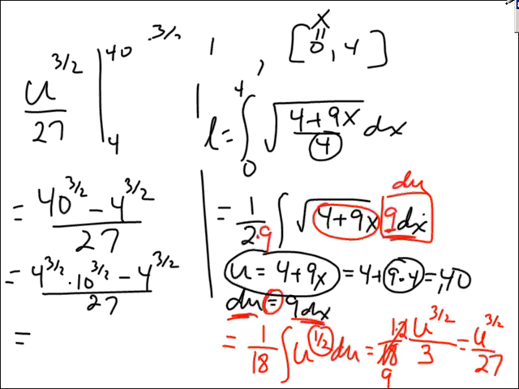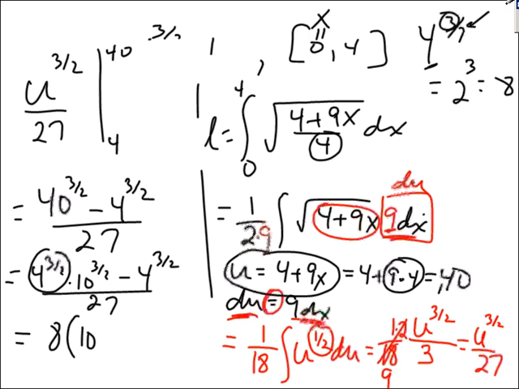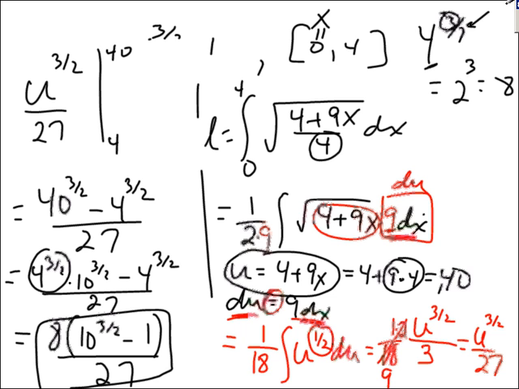I factor out 4 to the 3/2, but that's 8. What times itself 2 times gives you 4? 2. Cube the 2. You get 8. So then you have 8 times (10 to the 3/2 take away 1), over 27. And there's your answer. Okay, I hope you understood this. Good luck with it.